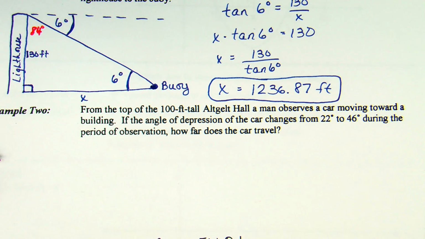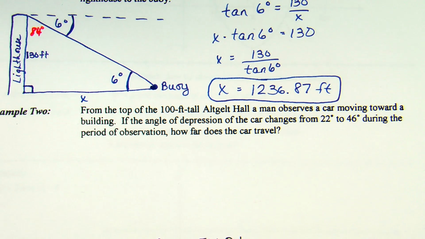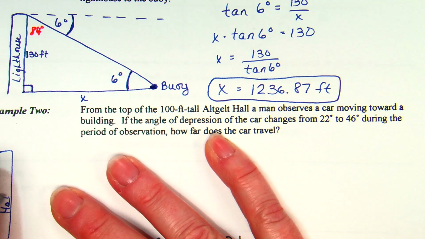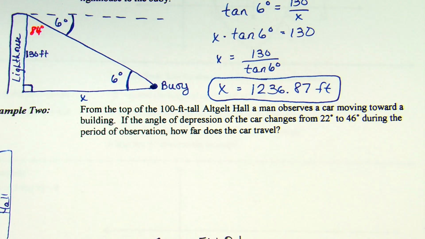I'm going to draw my building over here. This is the Altgate Hall or whatever it is. I have no idea how to say that. So, now, from the top of the 100-foot tall Altgate Hall.